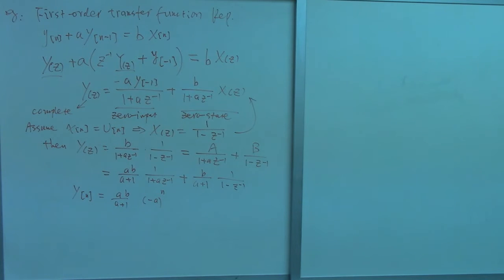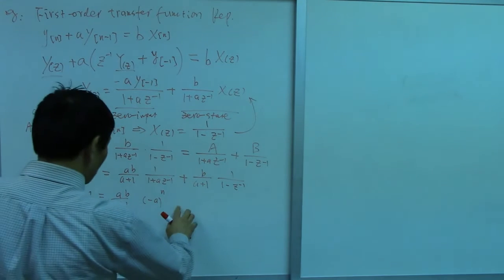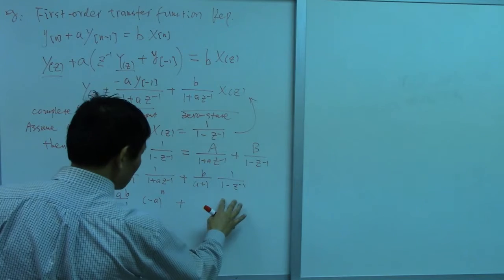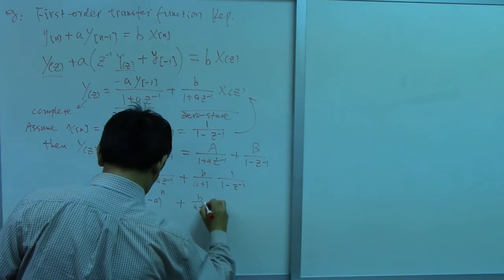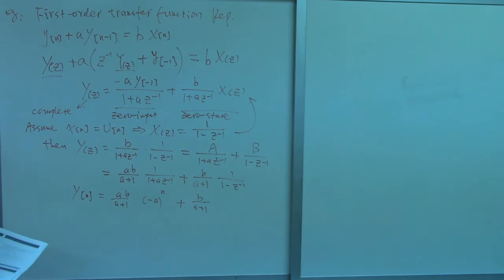I will leave the u[n] at the very end. Then plus this term, this is u[n], so it's b over a plus 1. Does that make sense?